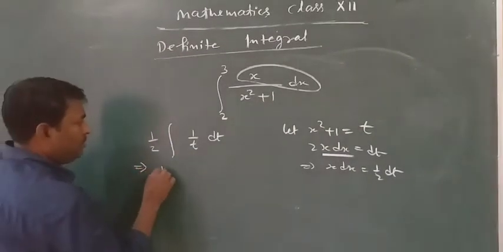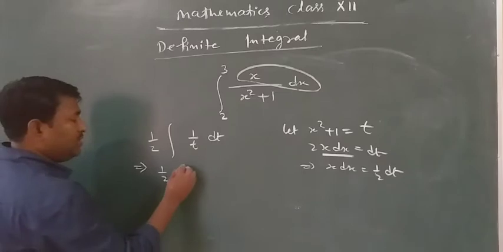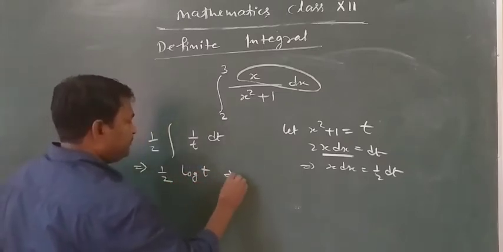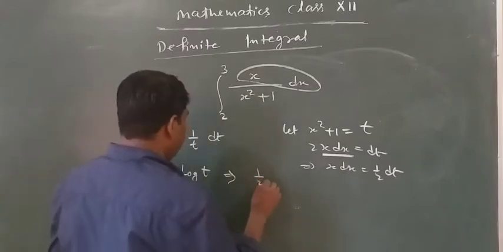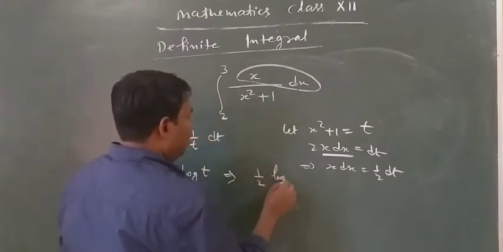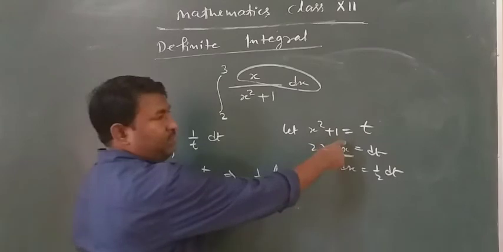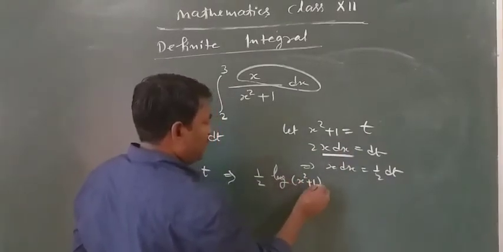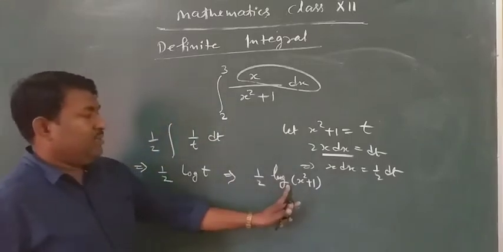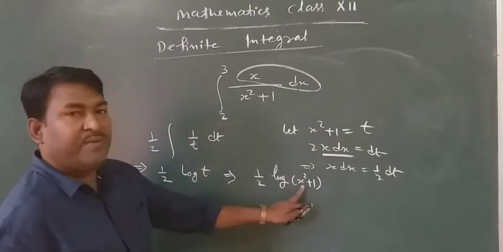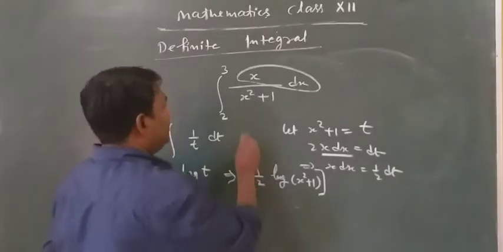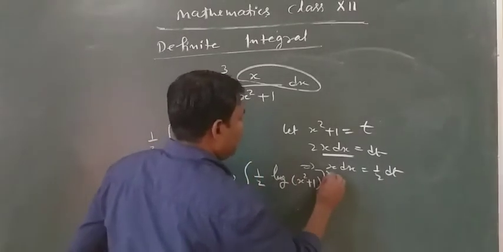Now 1 by 2, integral of 1 by t dt is log t. This implies 1 by 2 log t. Now replace the value of t, whatever you had let, so x square plus 1. Now since your result has come in the form of x, you can put the limits 2 to 3.